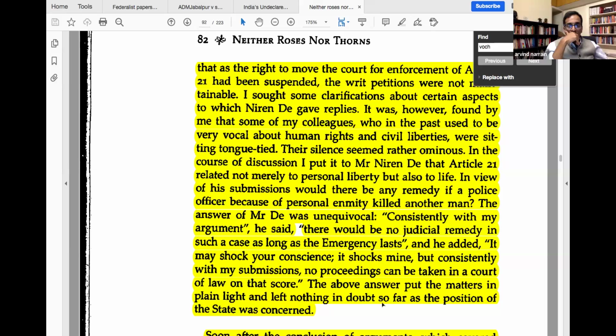Consistently with my argument, he said there would be no judicial remedy in such a case as long as the emergency lasts. And he added, it may shock your conscience, it shocks mine, but consistently with my submissions, no proceedings can be taken in a court of law on that score. The above answer put the matters in plain light and left nothing in doubt so far as the position of the state was concerned.